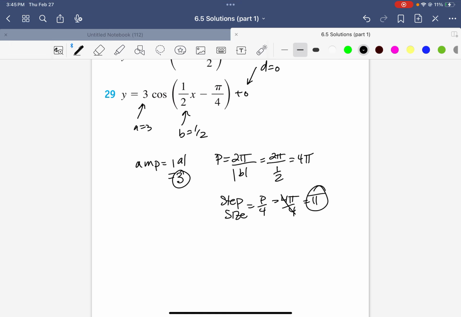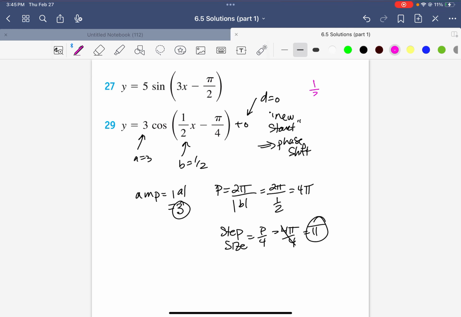So there's my step, my amplitude. I guess I just need my new starting value. So my new starting value, also called my phase shift, is just found by thinking, hey, when are my inputs into the cosine function going to be equal to 0? Because when they're equal to 0, then cosine thinks it's going to start the cycle.